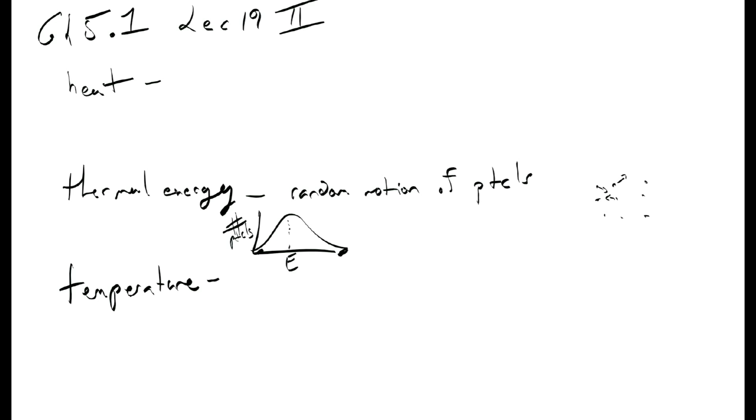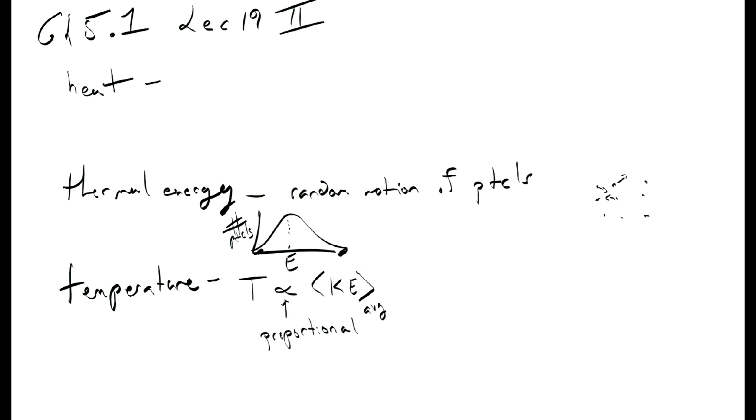and that is where temperature comes in. Temperature is proportional, that's what this sign means, to the average kinetic energy. Those angular brackets there, we use that to mean average. So what that means is that the higher the temperature of an object, the higher the average kinetic energy of the particles is going to be.